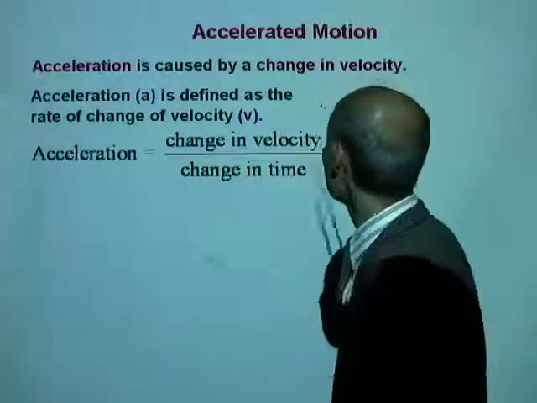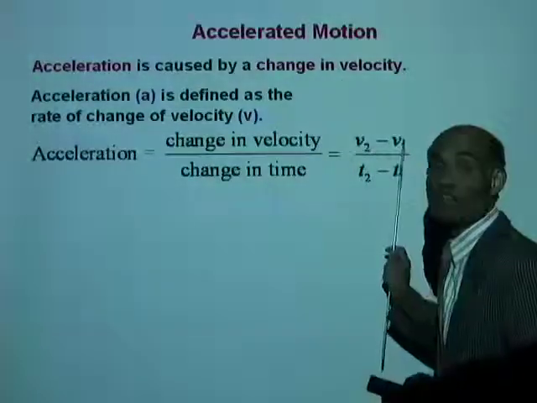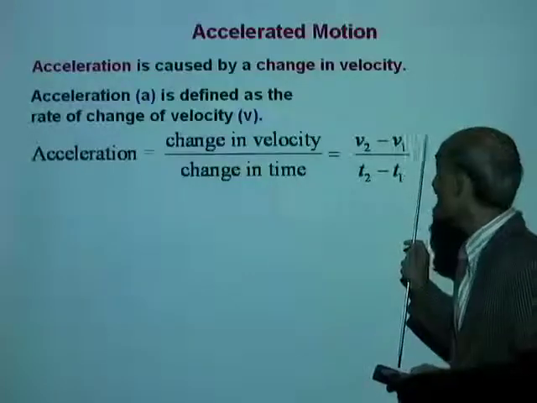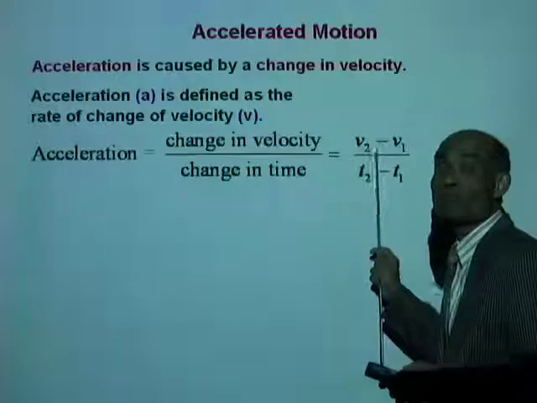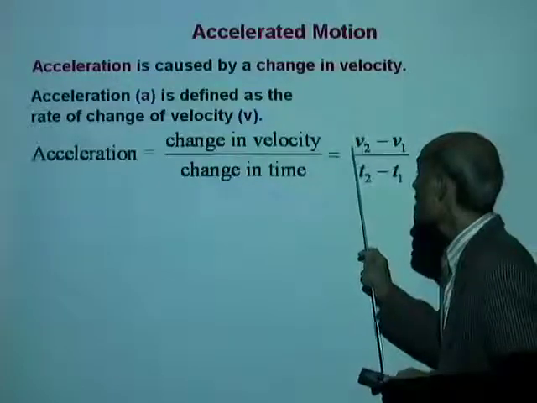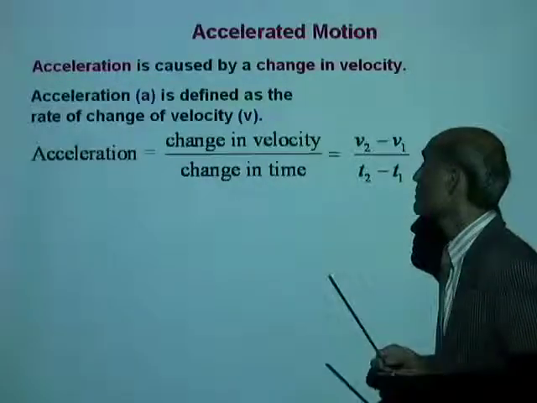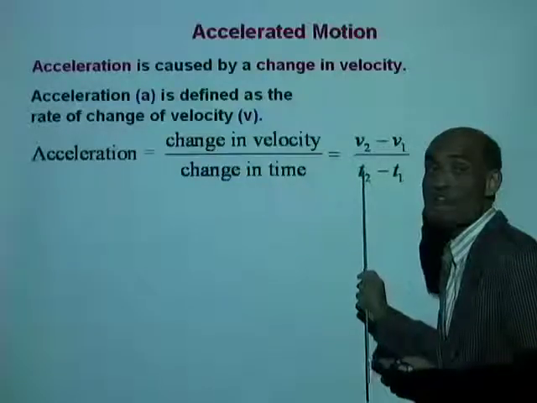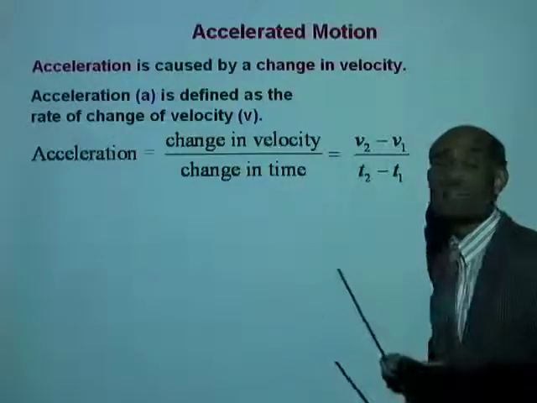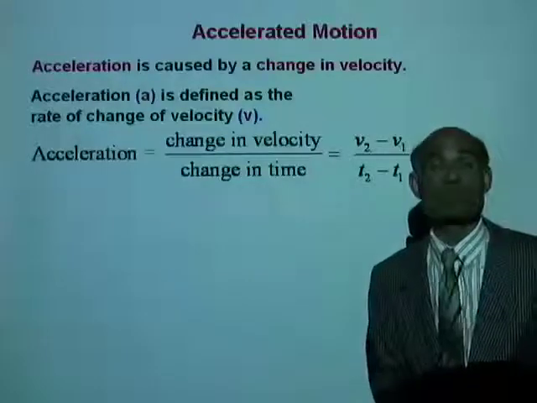In other words, if the velocity changes from an initial value v1 to a final value v2, the change in velocity will be v2 minus v1, and this change happens in a time t2 minus t1.